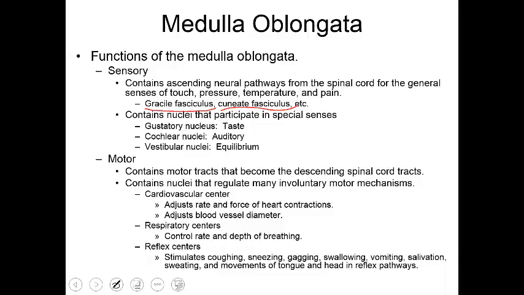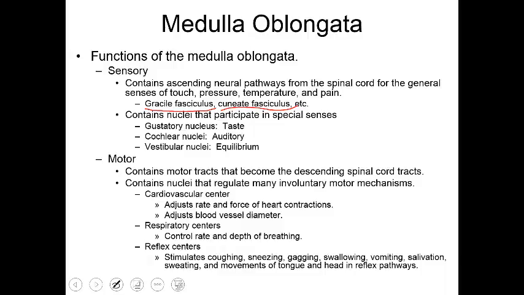The cochlear nuclei, cochlea is the organ of hearing, so auditory center is also located here, and the vestibular nucleus. The vestibular organ is also located in our internal ear, and the vestibule of the ear is the organ of equilibrium. So there are these three nuclei that are present in the medulla oblongata of the brain.